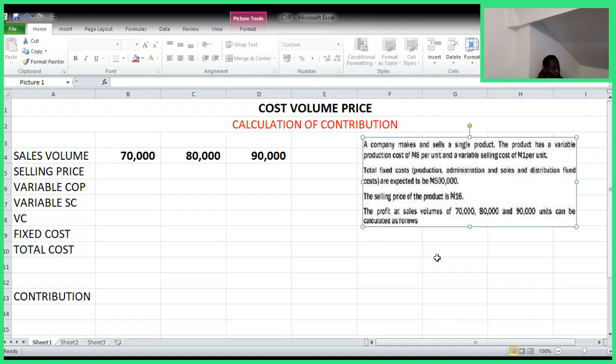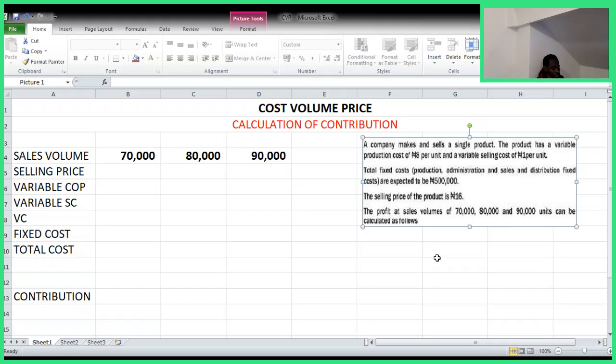We have a company that makes and sells a single product. The product has a variable production cost of 8, could be naira, dollar, pounds, or whatever your currency is, and a variable selling cost of 1 pound or 1 naira.